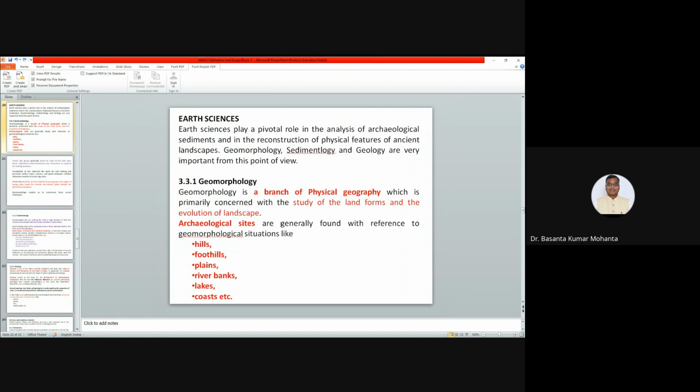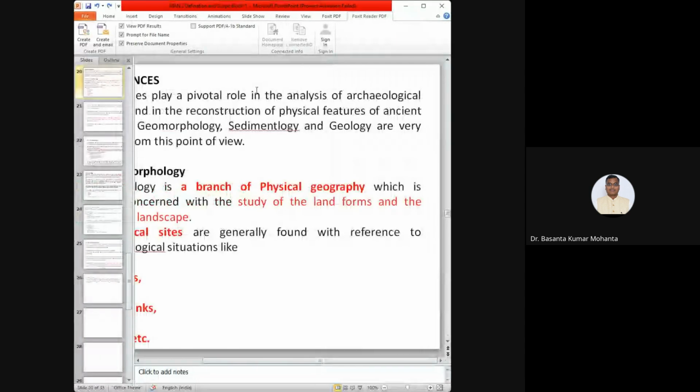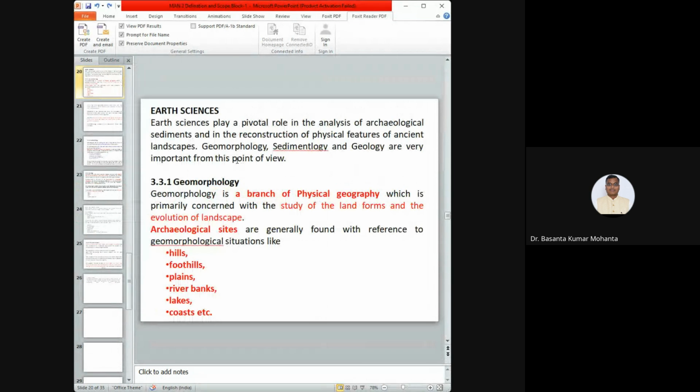Landform and evolution of the landscape means the land surface differs from one place to another, and the formation of one landscape is different from another one. And this formation, this landscape, is very closely related to human cultural evolution.